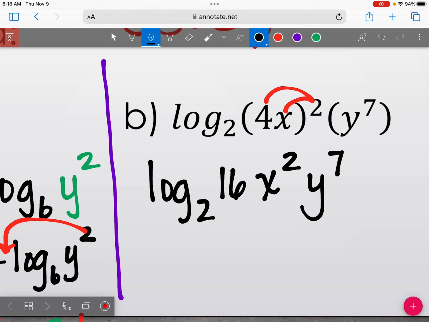Yep, everything is being multiplied. There's no fractions, no division, no plus signs. So if you don't see an operation, that operation is multiplication.